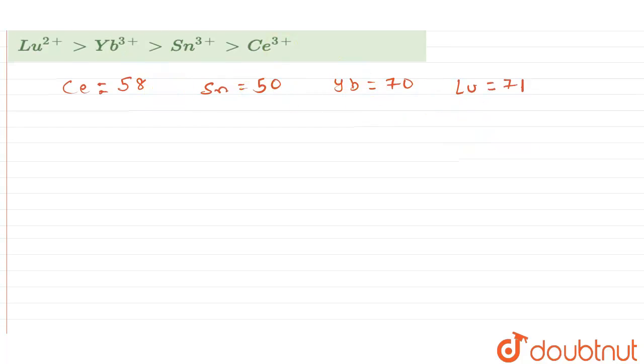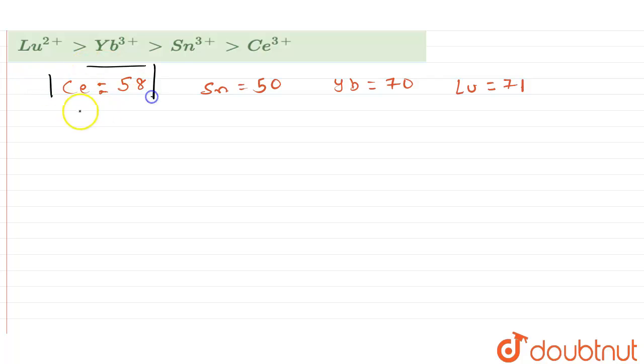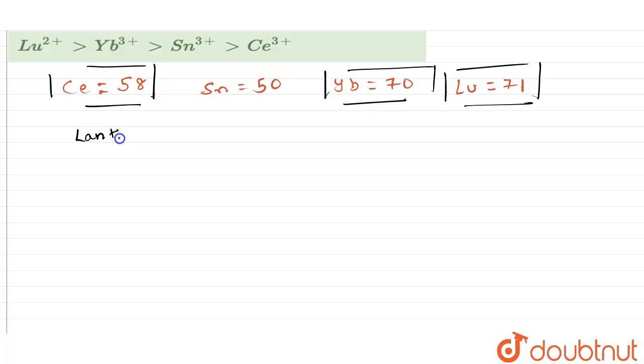Now if we consider these, among the four, cerium, ytterbium and lutetium are all lanthanides, that means f block elements. And we know the series for f block elements. First, the f block starts with lanthanum having atomic number 57, and then it moves forward to cerium with atomic number 58, and respectively one proton is added and the atomic number increases by +1 each time.